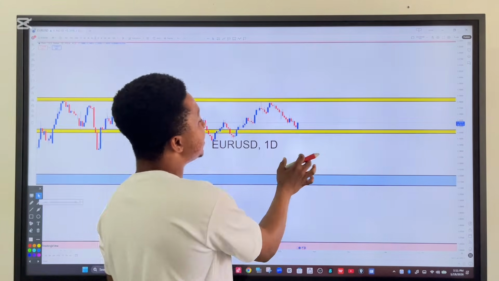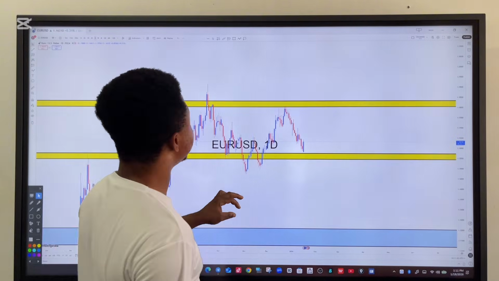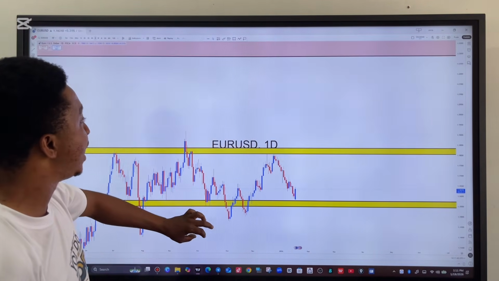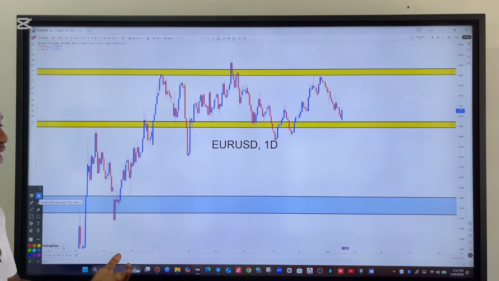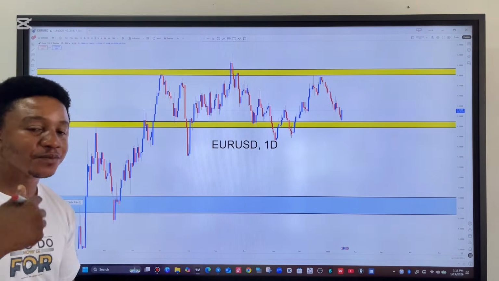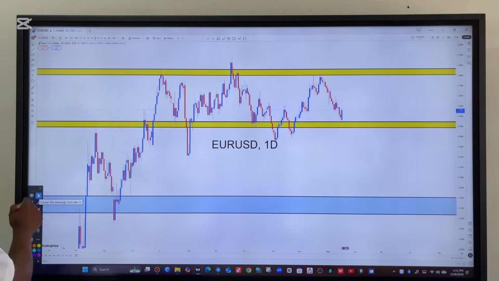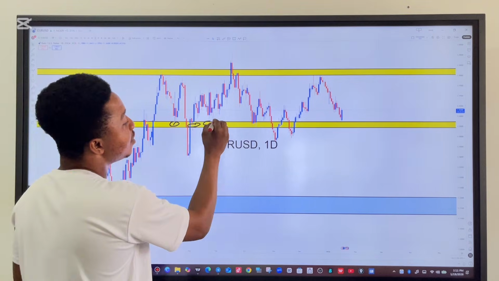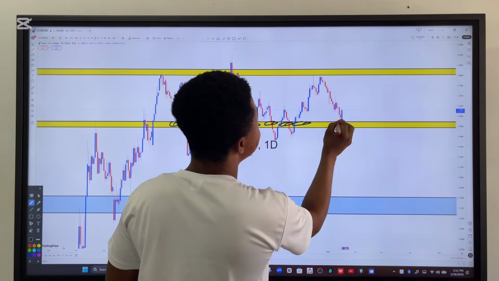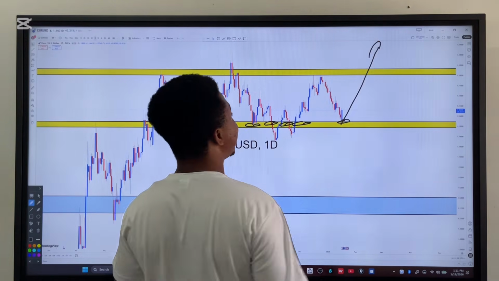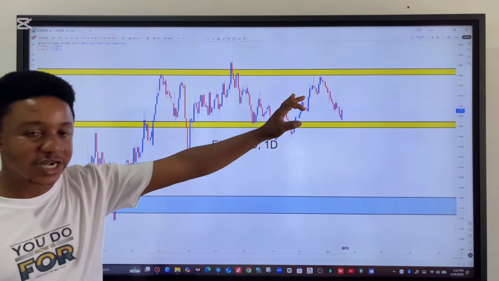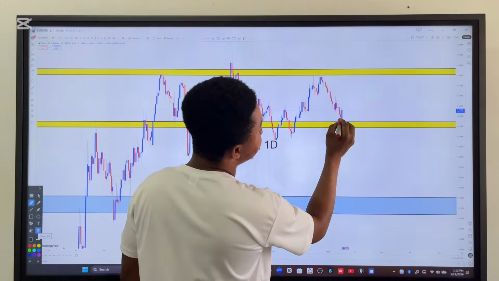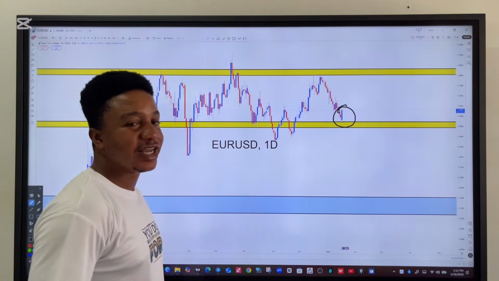All right, so this is also the daily time frame of Euro USD. Now Euro USD on the daily time frame, we are seeing almost the exact same thing as we saw on the weekly time frame. Okay, so we have strong level of buy pressure over here on the weekly, which we are expecting it to continuously move the market to the upside. Right, so Euro USD on the daily, there's not so much to talk about, but let's go to a forward time frame where we can prepare for entries here to the upside.